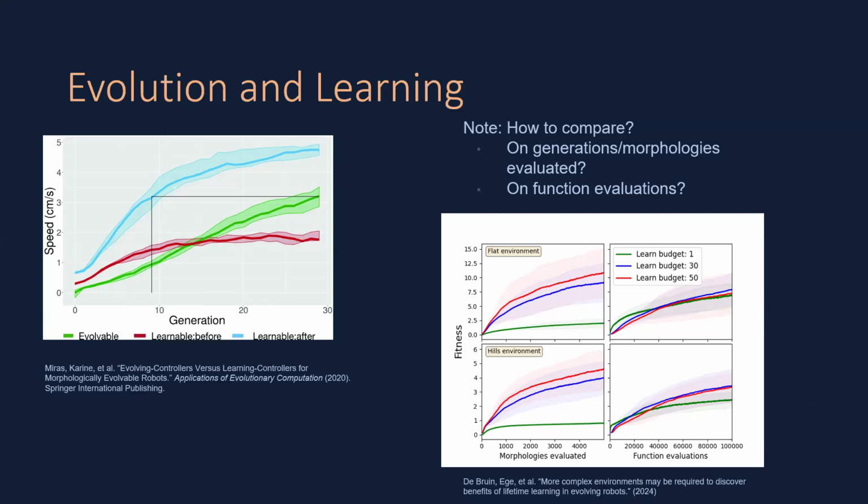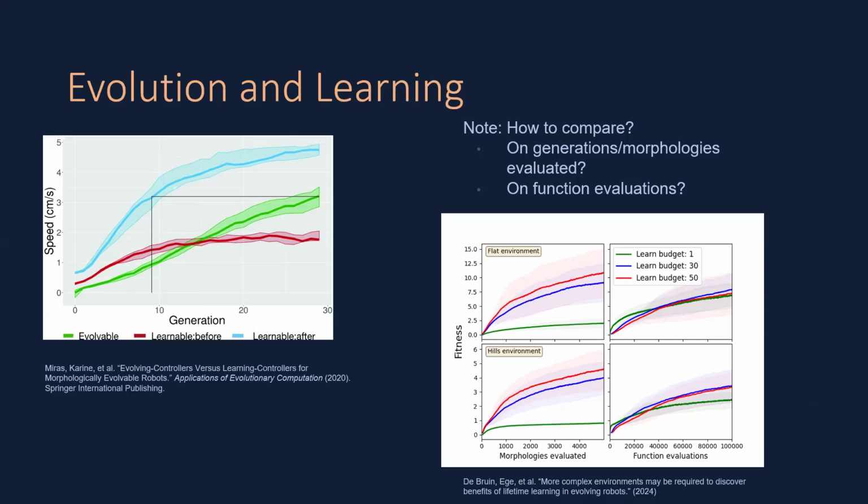But in a simulation setting, it's actually the opposite, where building a robot takes maybe 1 millisecond and evaluating a robot takes 30 seconds. So in this case, it might be more important to compare on function evaluations. And in this sense, you can see that the difference between no learning, which in this case is the green line, and learning, which in this case are the blue and red lines, is less.